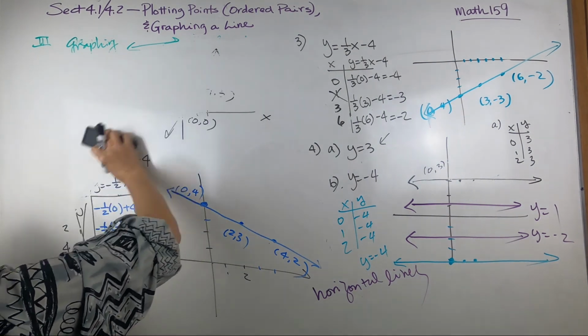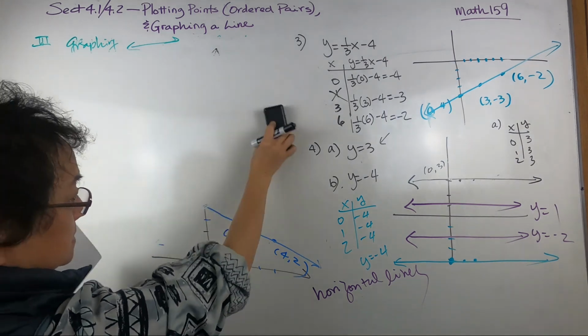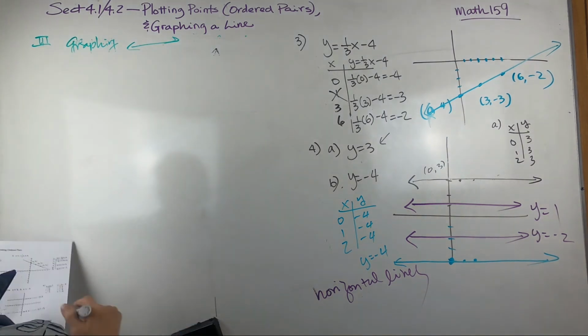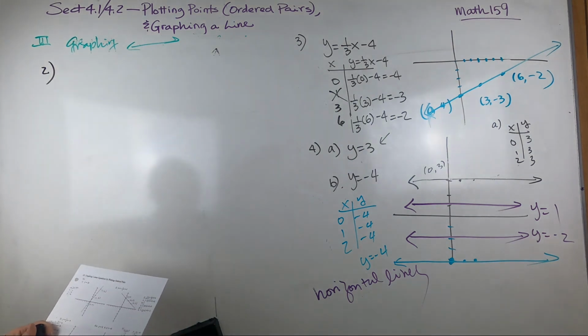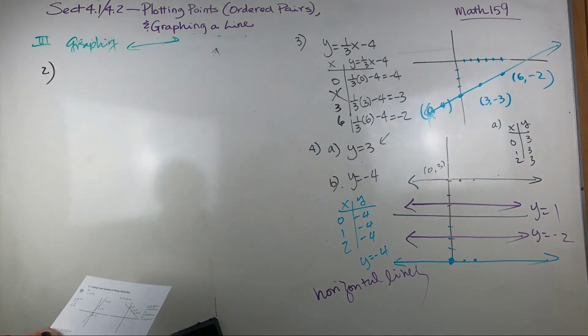Okay. Look at the next one. A study was done to look at the relationship between the weight of a car, x, in tons and its gas mileage in MPG, miles per gallon. Okay, y.